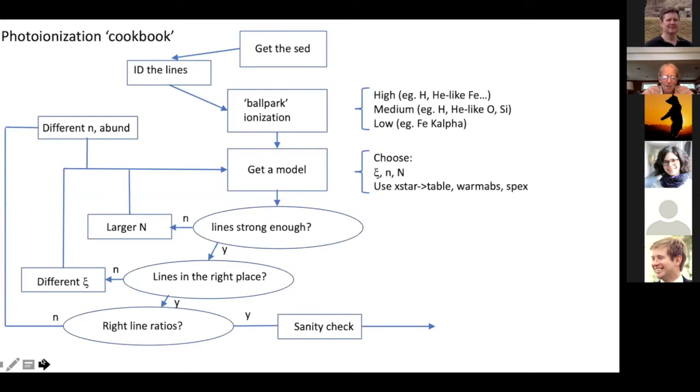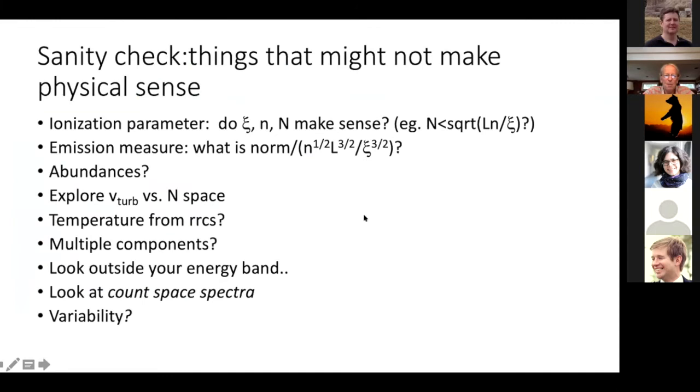So, a final sanity check. And here are some of the things that you might include in your sanity check. First and foremost, there is an internal consistency that needs to be satisfied between these three fundamental parameters: the ionization parameter, the density, and the column density.